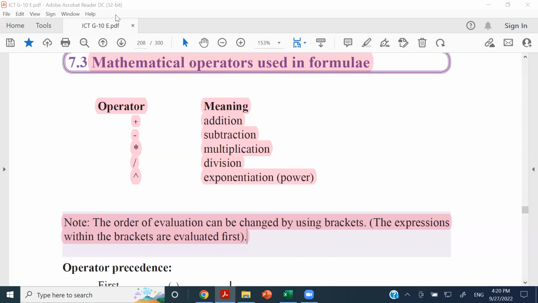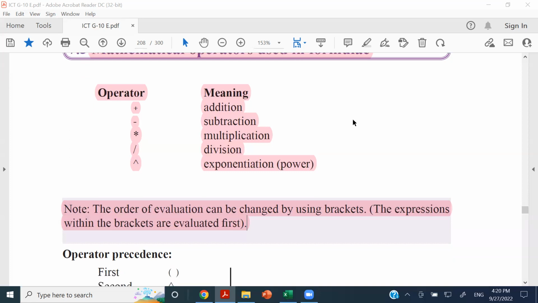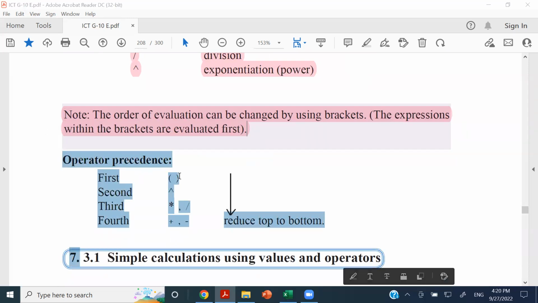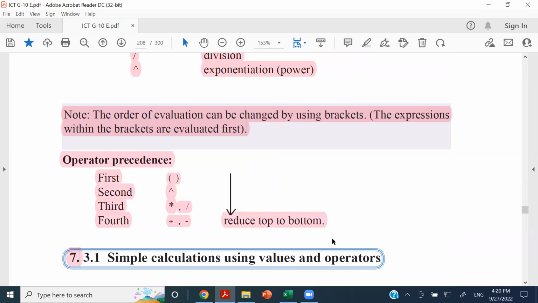How about others? Is there anyone who is still writing? Okay, moving forward. Go for the operator precedence part as well. Write it down quickly. Then we'll try some formulas.